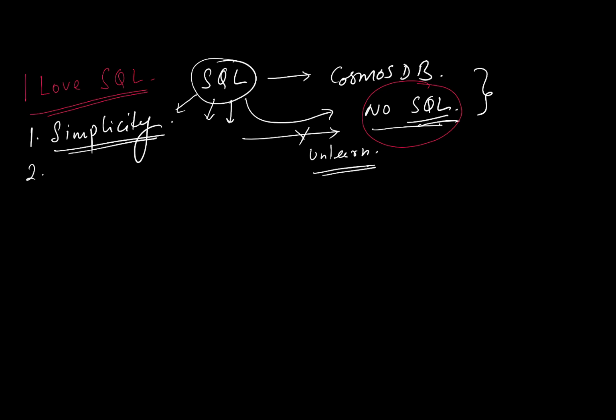Your data should keep growing from terabytes to petabytes. That's another place where a NoSQL solution fits very well. So second is scaling. Third is when you want to globally distribute your data, so global distribution.